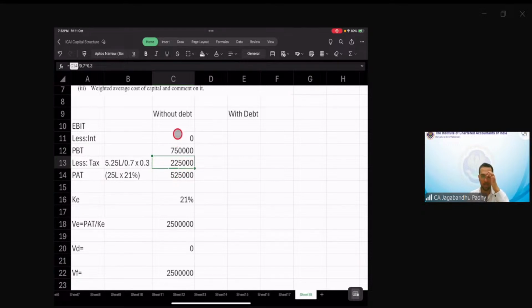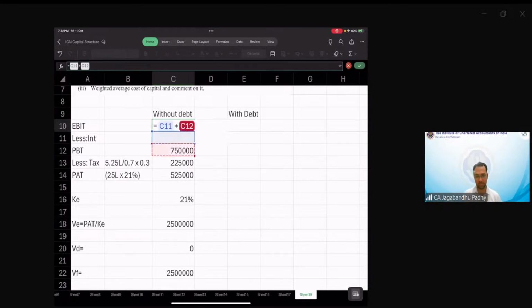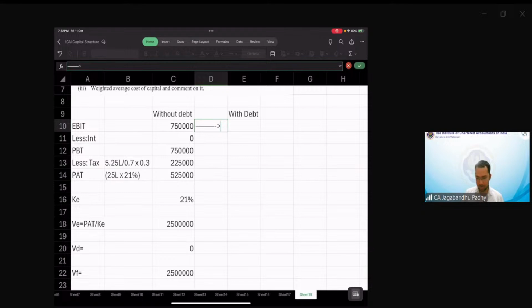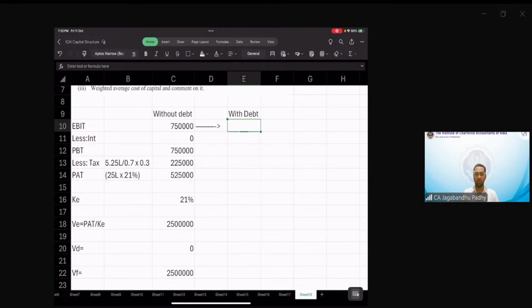Now we don't have any interest. So what will be the EBIT? EBIT will be, can I say, interest plus PBT, that's 7,50,000 itself. Now the same EBIT will be carried forward to the situation where the company has got debt.